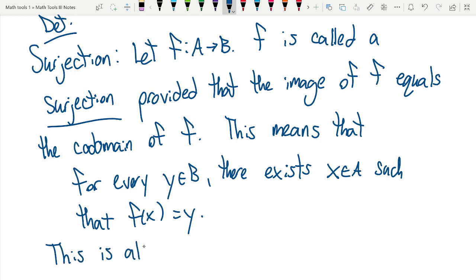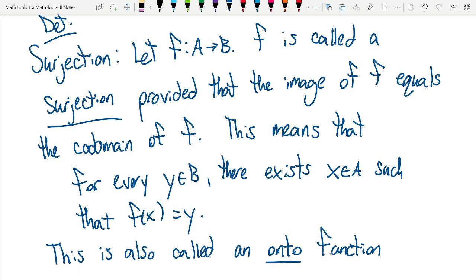This is also called an onto function. Kind of a weird name, but it's very common.